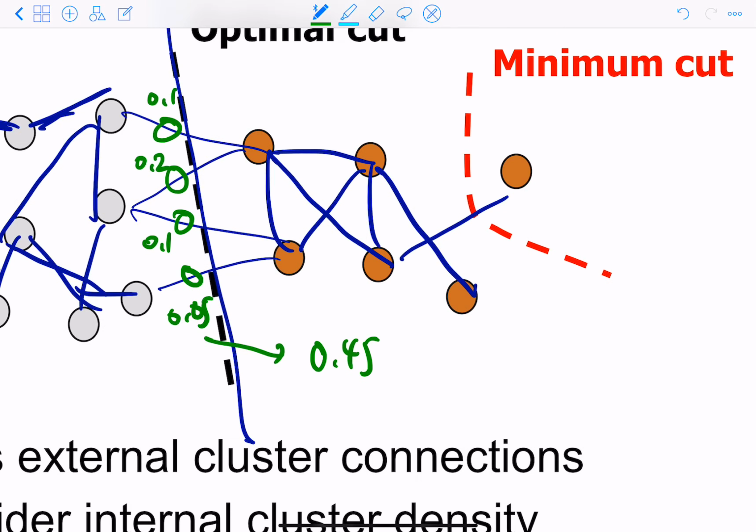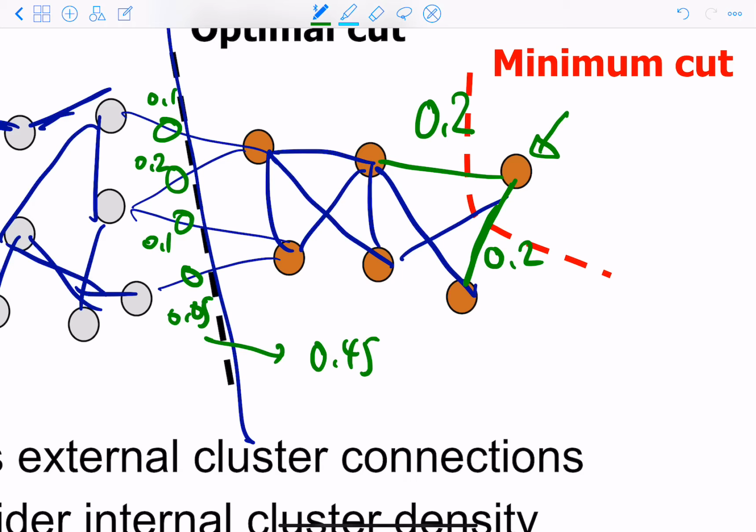But what if this point is really closely related, with 0.2 and 0.2? Although these two edge weights are not that high, suppose this point has relatively large weights but only a few other data items belonging to the same cluster.